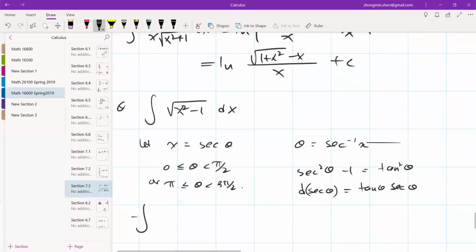So the integral becomes the square root of just tangent squared theta, and dx is going to be tangent theta times secant theta d theta.